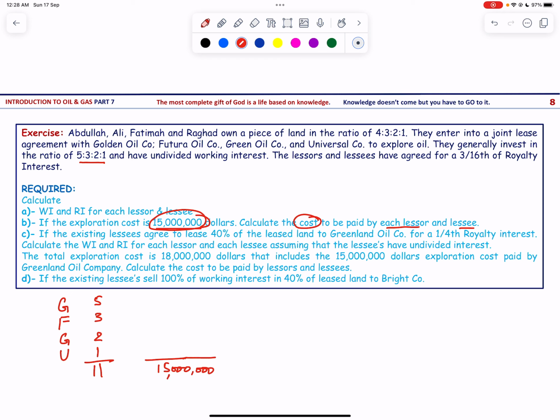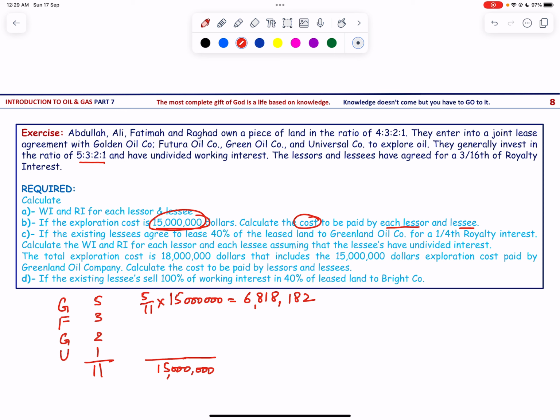This will be 5 upon 11 times 15 million, equal to 6,818,182. This is going to be the cost to be paid by Golden Oil Company.